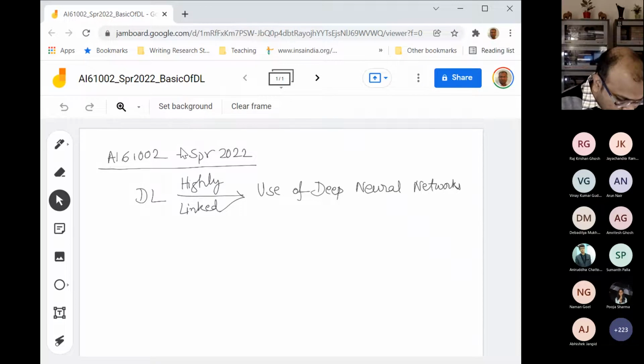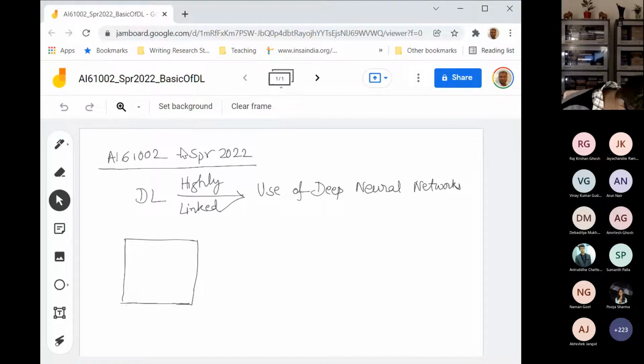Now, to make it simple, let me give you an example of how we can start with it. Let us consider an example image. Say this image has the number 1 written in it. Okay.